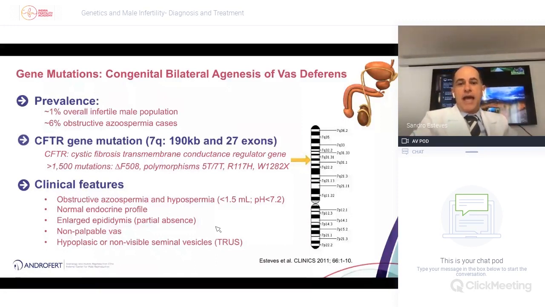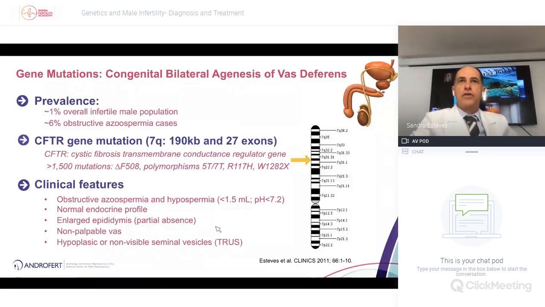So these patients usually have hypospermia, I mean, ejaculate volume of less than 1.5 ml. Usually the semen pH is acid. Why? Because usually in patients with CBAVD, the seminal vesicles are either hypotrophic or absent. And as you know well, 70% of semen volume comes from the seminal vesicle.